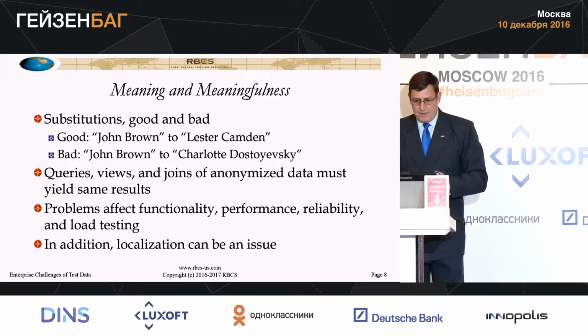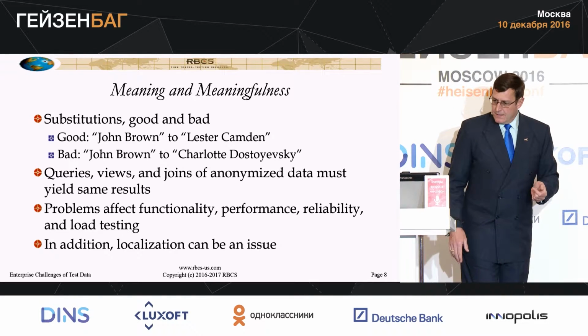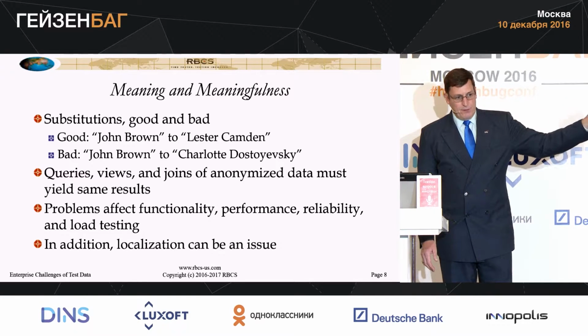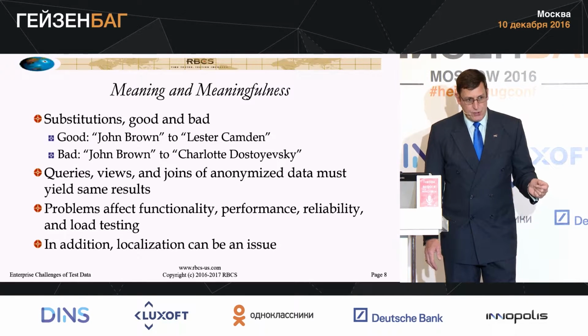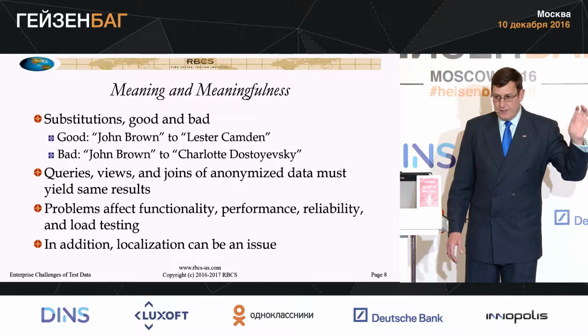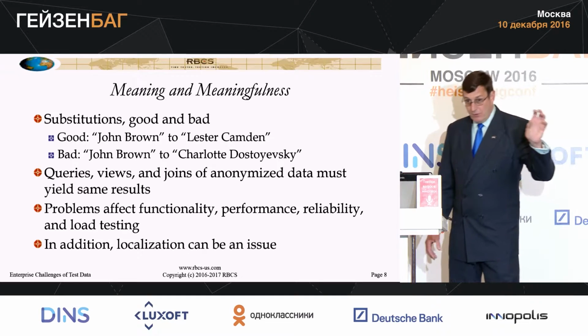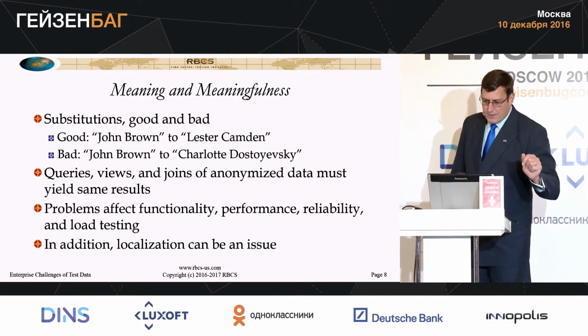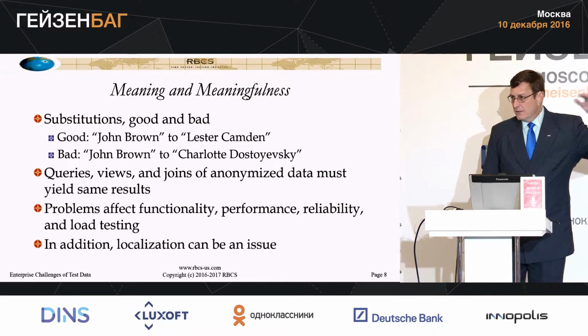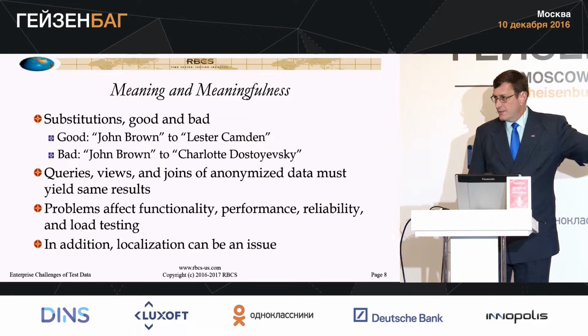So basically, not only do you want to be careful that the anonymization process preserves meaning and meaningfulness at the individual data field level in each record, but also across records joined together.